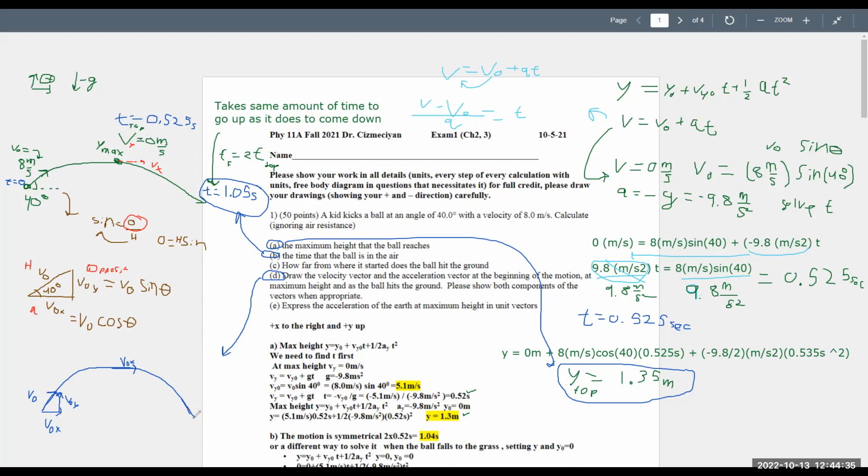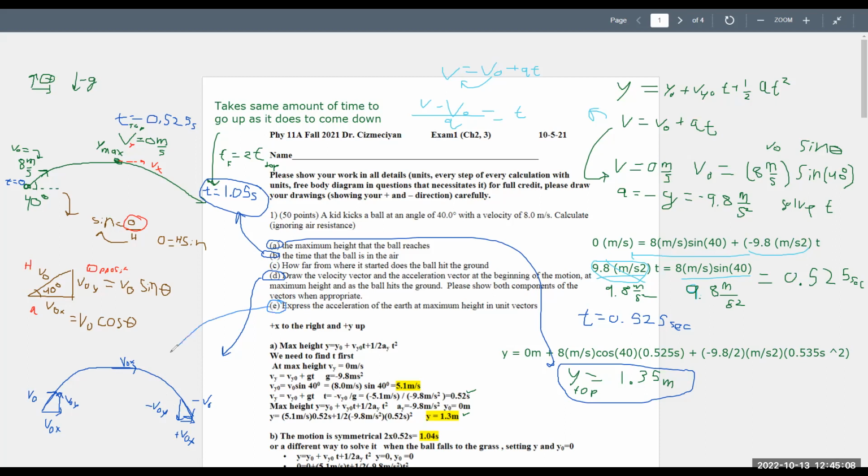And then here, remember, because it's symmetrical, you have a negative V naught. And then your components are gonna kind of mimic that. You're gonna have a negative V naught X. And actually it's gonna be positive. Sorry. It's the same direction, but a negative V naught Y. Okay. And then it asks for the acceleration.